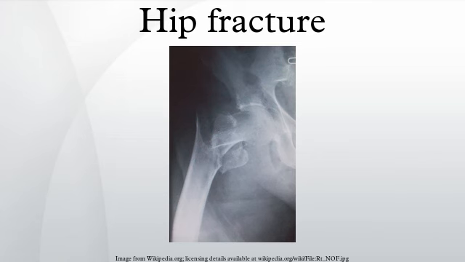Benign or malignant primary bone tumors are rare causes of hip fractures. Metastatic cancer deposits in the proximal femur may weaken the bone and cause a pathological hip fracture. Infection in the bone is a rare cause of hip fracture. Smoking.